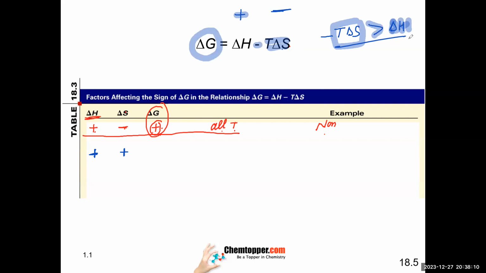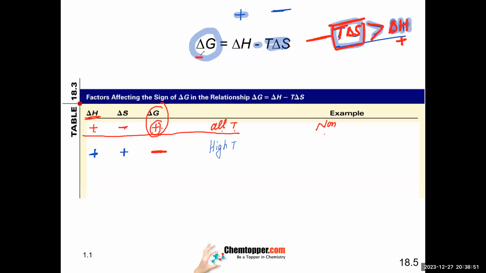So this process is spontaneous, will give you a negative delta G at high temperature. When this temperature is high, if I'm confusing you children, please, you can stop me. If this temperature is high, only then this T delta S value will become greater than delta H value, which is positive. This will ensure that your delta G is negative.